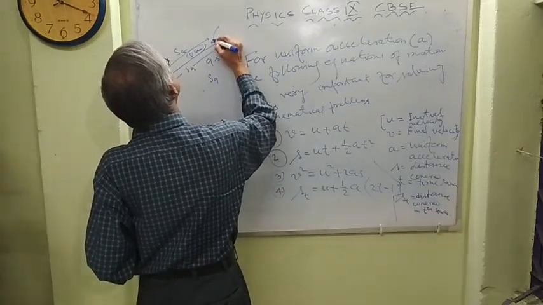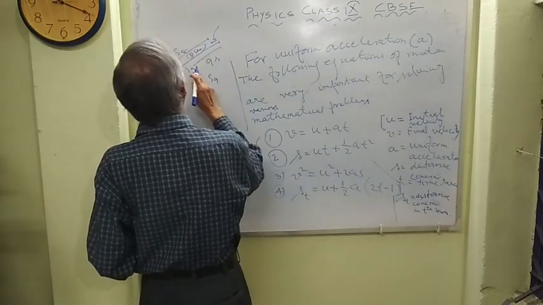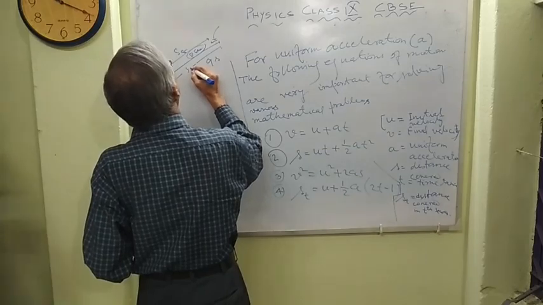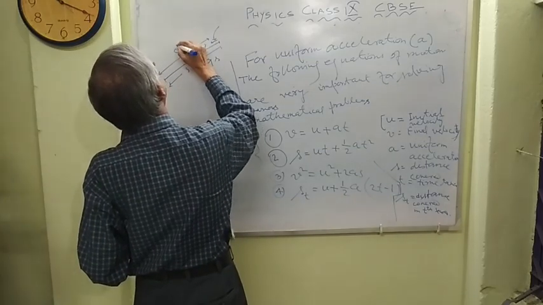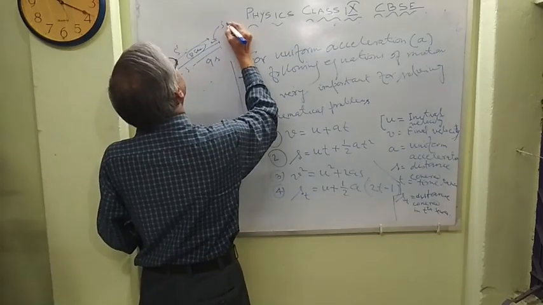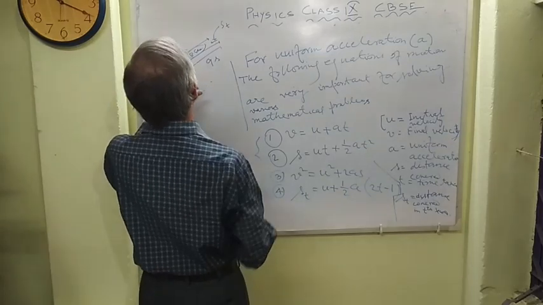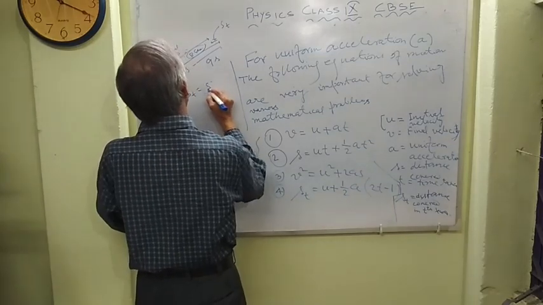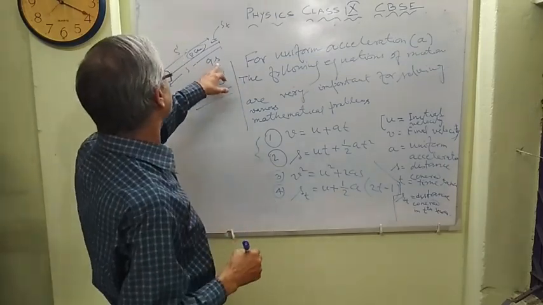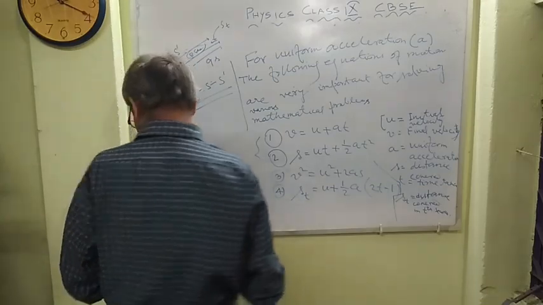Then s_t will be s9 minus s8, that is, distance covered in 9 seconds minus distance covered in 8 seconds. Remember it.